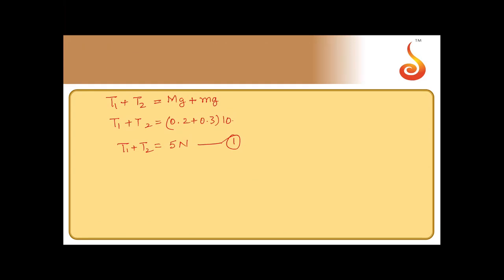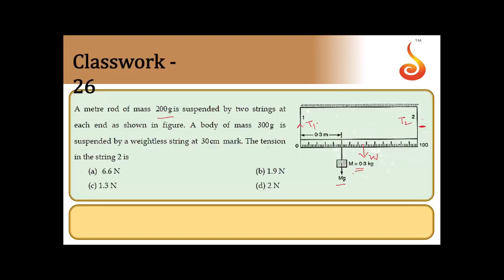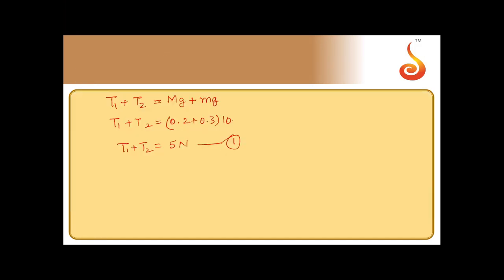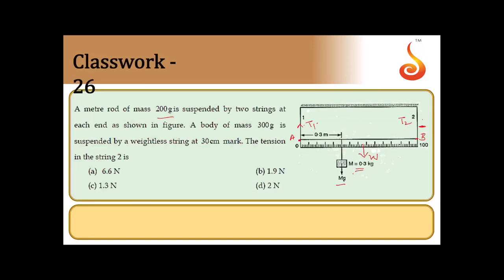Now for rotational equilibrium, moment about any point should be 0. So let us take moments about this particular point. Let this point be A, this point be B. So taking moments about A, moment due to T1 is 0 because line of action and the point coincides.